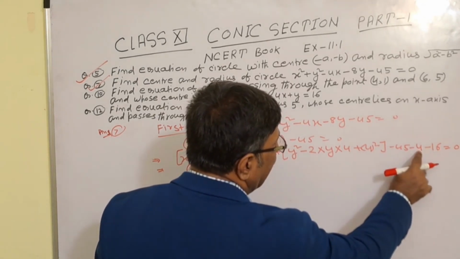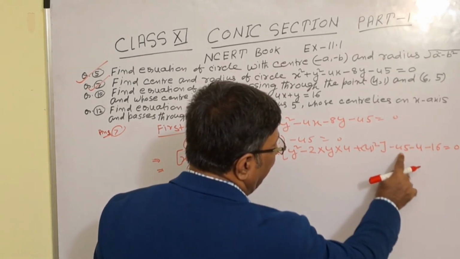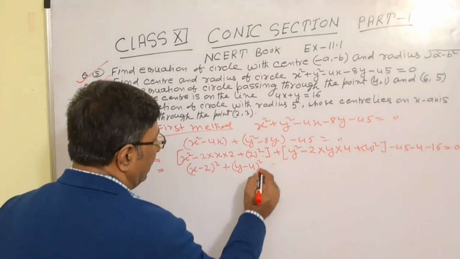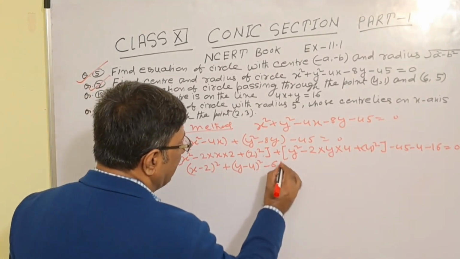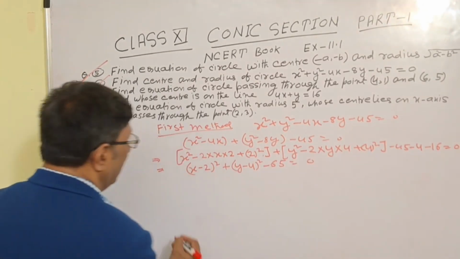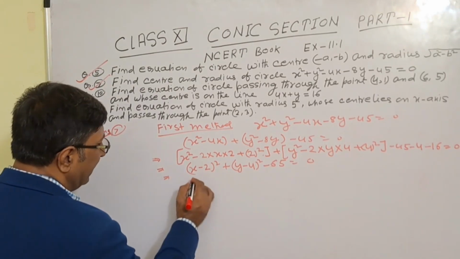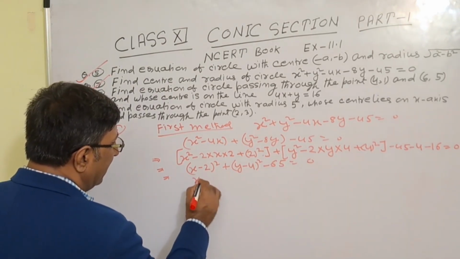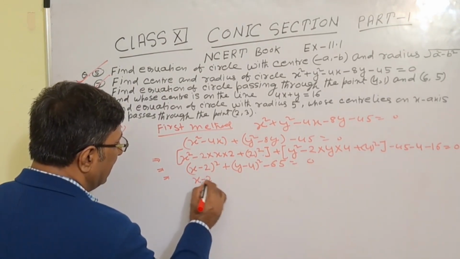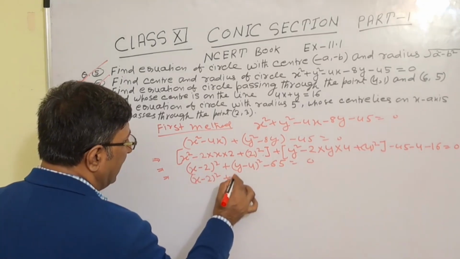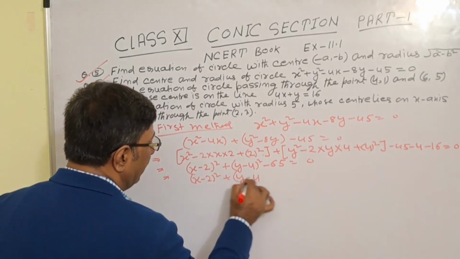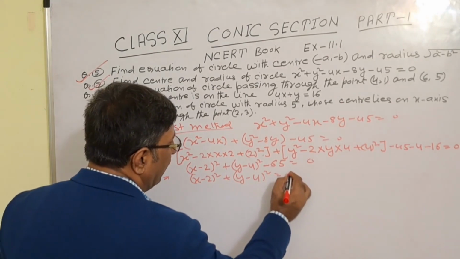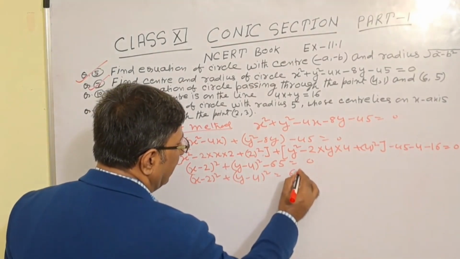So this is minus 20 and minus 45, minus 65. So this is how much? Minus 65 equal to 0. So now we can write (x − 2)² + (y − 4)² = 65.